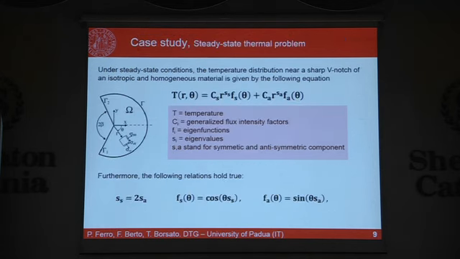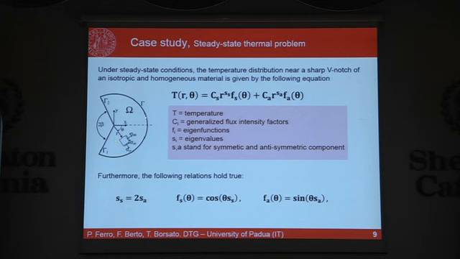In order to demonstrate that this method works, we have simulated a simple geometry like this, because we know the analytical temperature distribution, which is quite similar to the Williams solution, because we have eigenfunctions and eigenvalues. The only difference is that the thermal distribution near the notch tip is not singular.